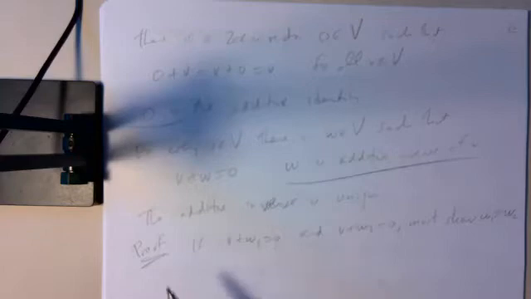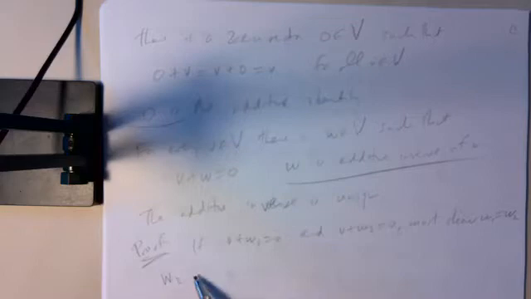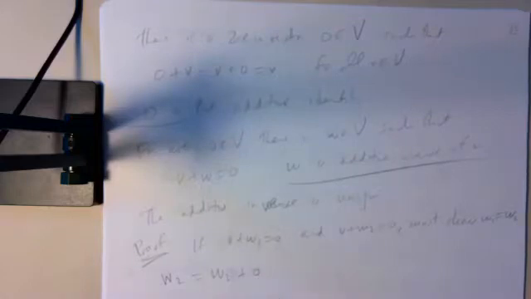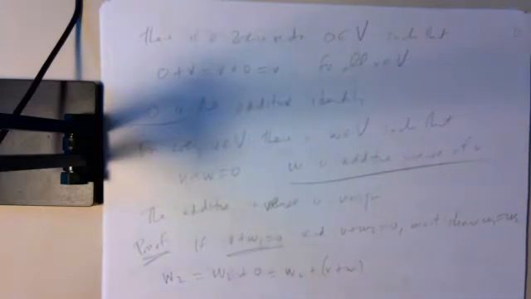Let's see, w2 is the same as w2 plus 0, because 0 is the zero vector. And 0 can be written as v plus w1 by this equation. By associativity, this is the same as w2 plus v plus w1. I'm not changing the order, I'm just changing the parentheses.